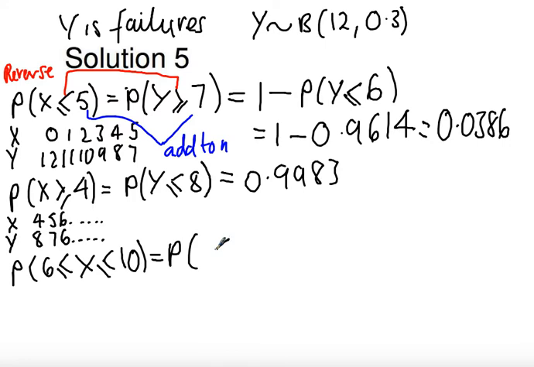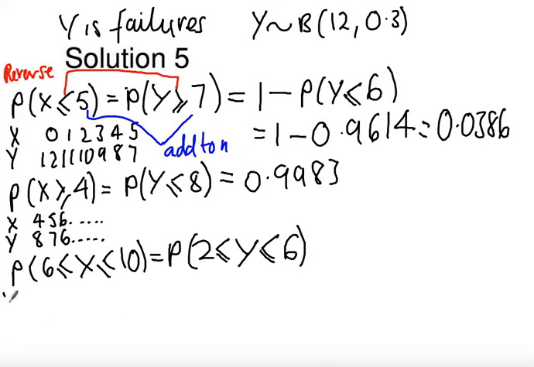Now, I want to keep the inequality the same here. That means my upper boundary would have turned around to become the greater than rather than the less than. So what do I need to add to 10 to get to 12? It's 2. This end of my boundary, 6, that was y greater than 6. Now it's y less than, and what would I need to make that add up to 12? That's going to be a 6.